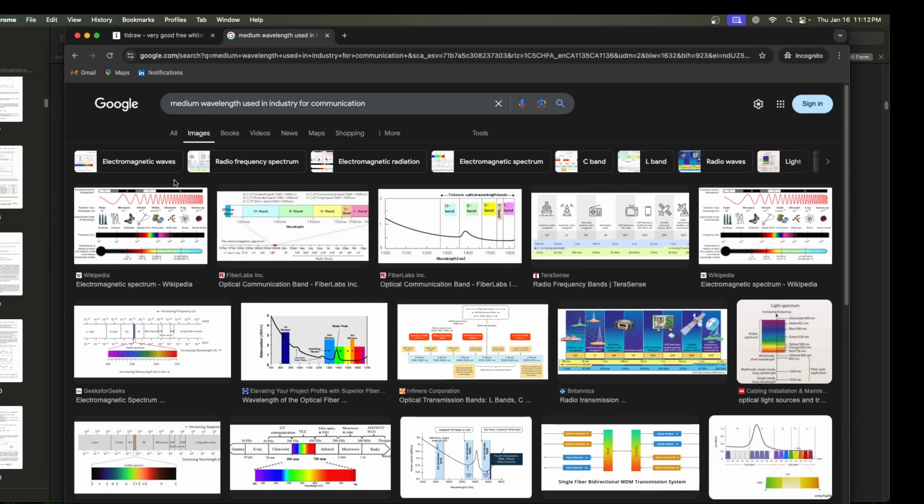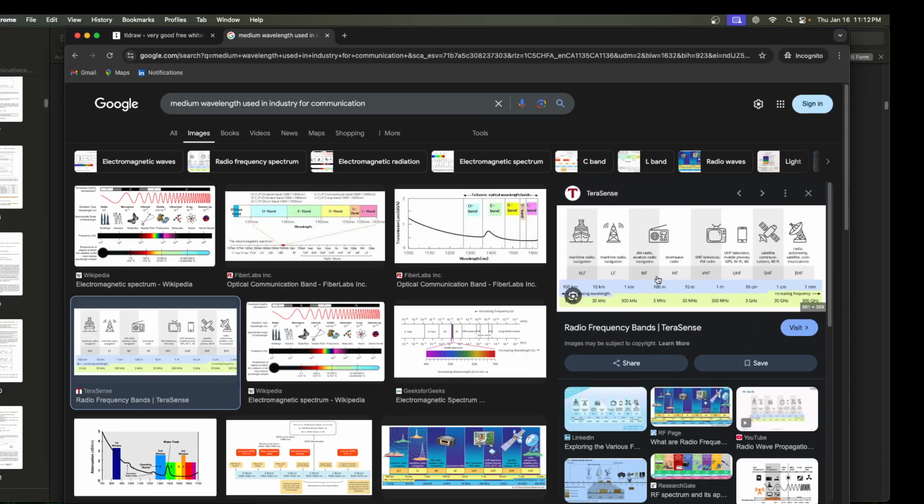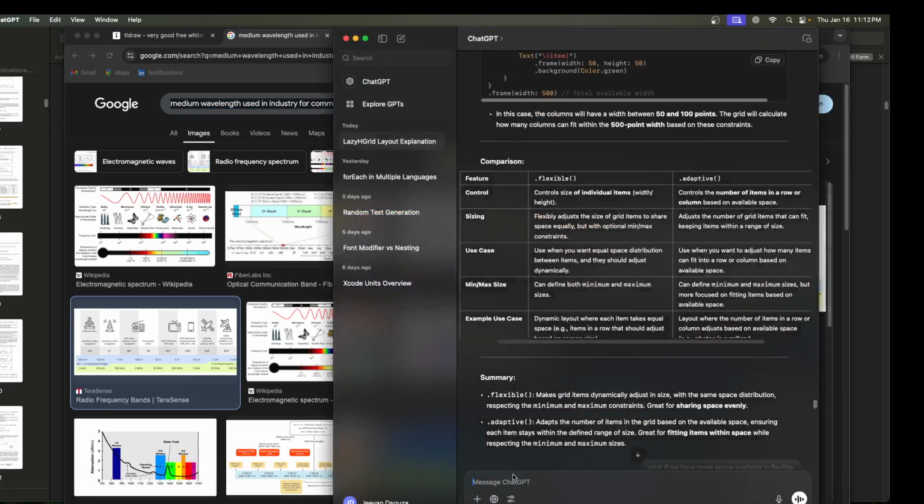Okay, so this is basically a convention where we say if the wavelength is this much, then it is this. So what does wavelength indicate though?